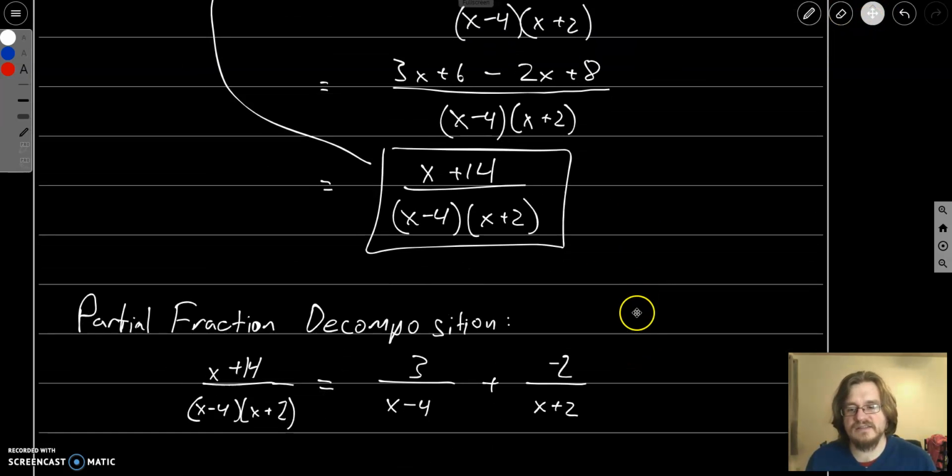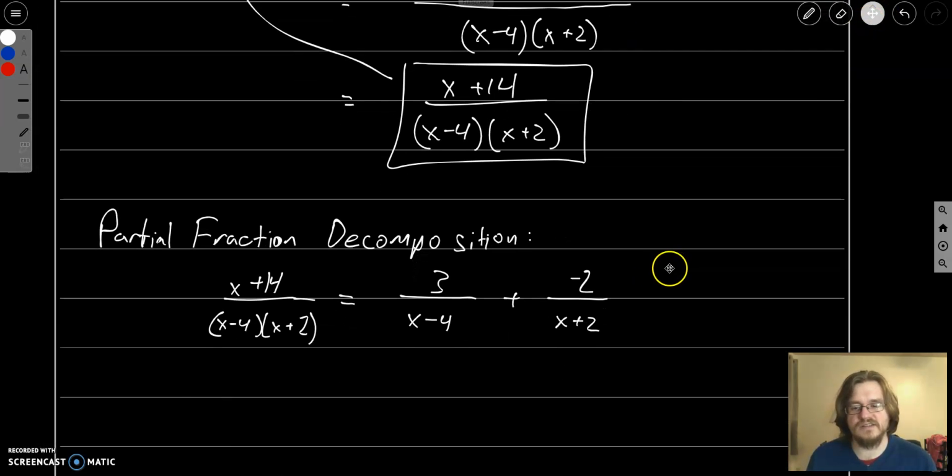This is called partial fraction decomposition. Here I have the original fraction, I have a fraction where I've factored the bottom, and we've written this as the sum of two fractions which we pull apart. We'll notice that we've got two factors on the bottom, and our fractions have those factors as the denominators.